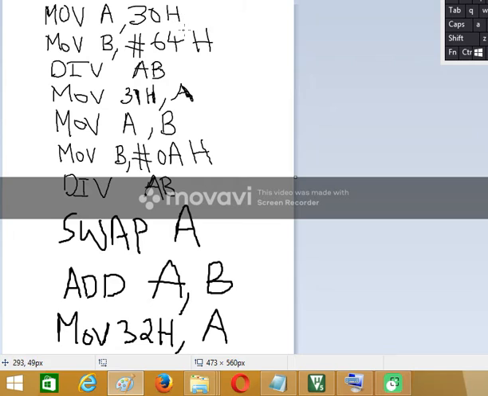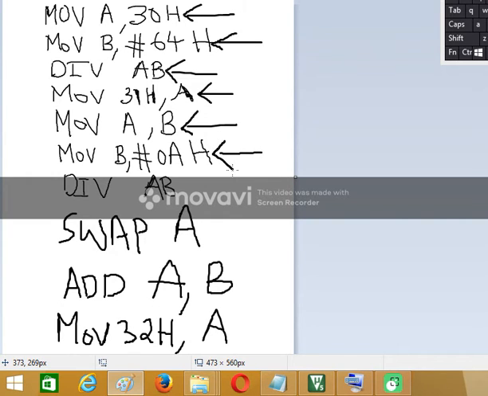Once again I will discuss. Take the number to A. Divide by the hex equivalent of 100, that is 64H. The quotient will be the hundreds place, which is the higher byte after division. After division, your accumulator contains the quotient, which is the hundreds place. Store it. Now the remainder will be a combination of tens place and units place. Take it to A, divide by 0AH, that means the hex equivalent of 10.